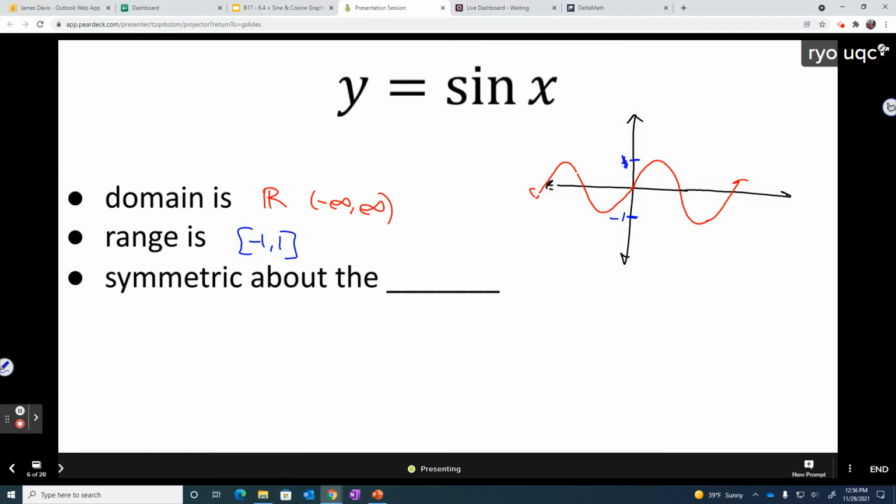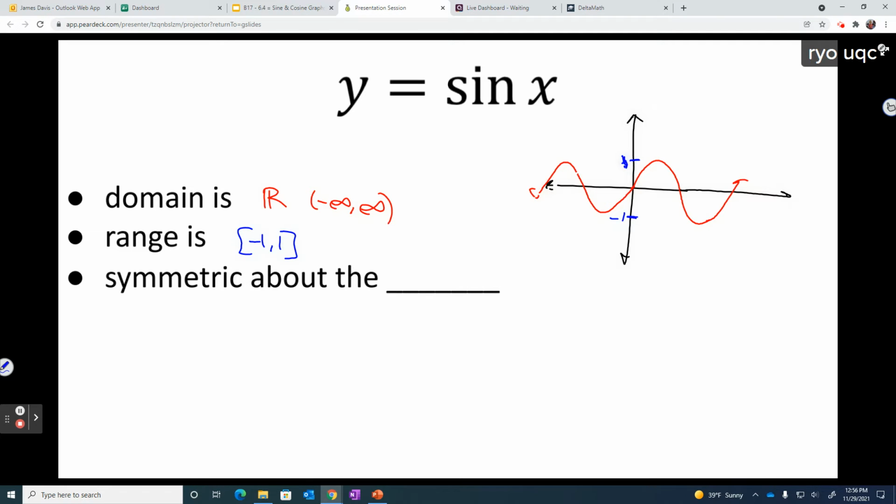All right, next one, see if you can figure this one out. The sine function is symmetric about what axis? Symmetric about the y would mean if you flip this over, it would match exactly.